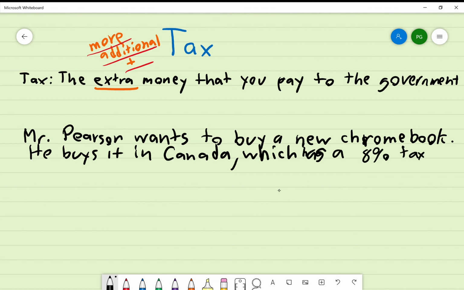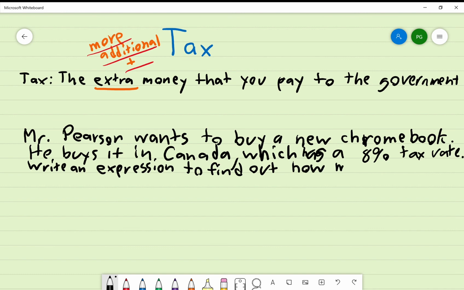Once again, I'm making this up. I have no idea what the tax rate of Canada is. Write an expression to find out how much Mr. Pearson will pay in tax.